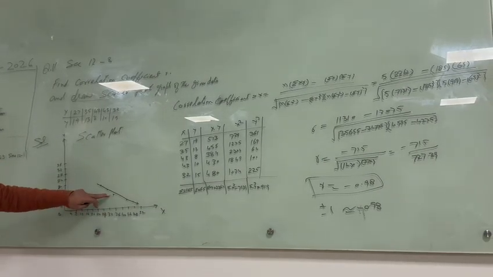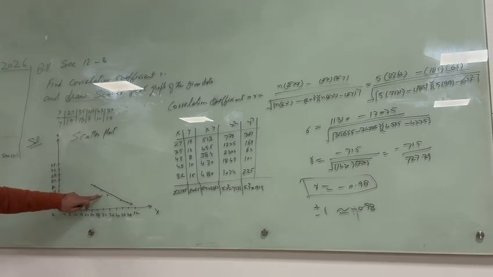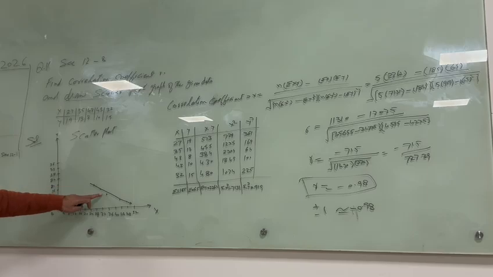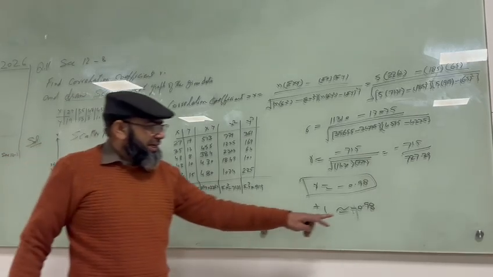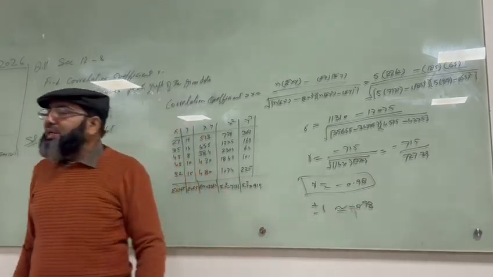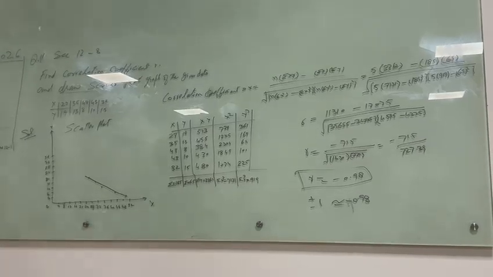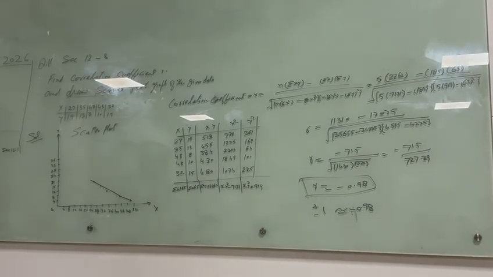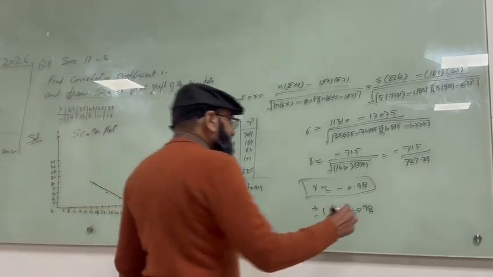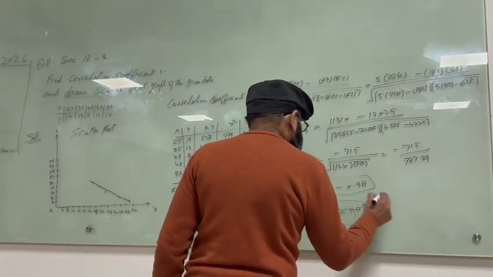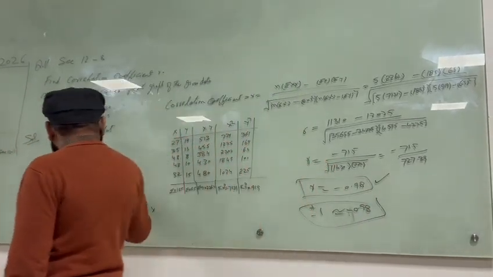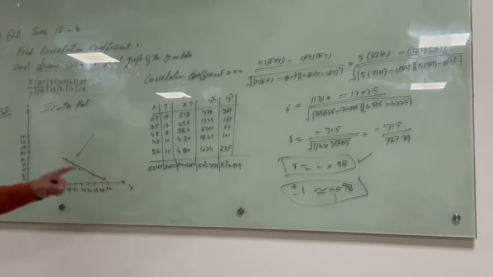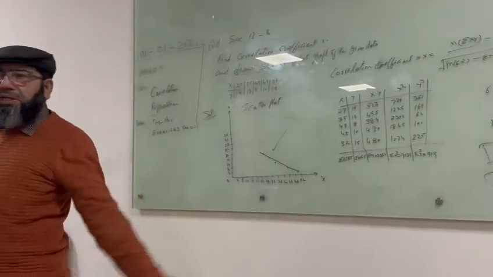What does the data show? All points are on or near the line. It shows nearly 100%, that is 0.98. So this calculation and its fact is depicted here. The graph is accurate and our R value is accurate. Okay, this is the solution.